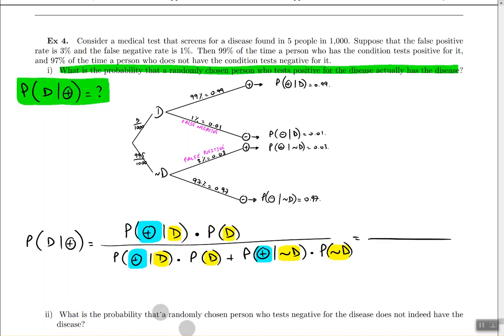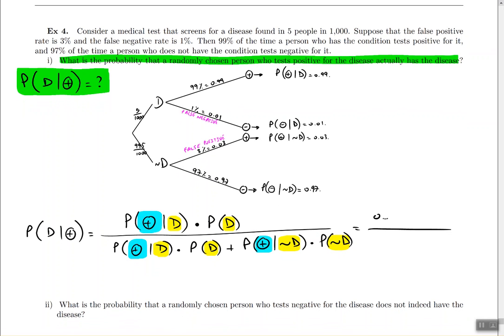And now all the numbers are present in my diagram. So what is P of plus given D? That is 0.99. Multiply that by P of D, which is 5 out of 1,000, so 0.005. And that's basically this right here. P of D is the probability of having the disease, and 5 people out of each 1,000 have the disease. The probability that you don't have the disease is the probability of being healthy, which is 995 divided by 1,000. I need that for the denominator. So now again, I'm going to put the same numbers one more time.